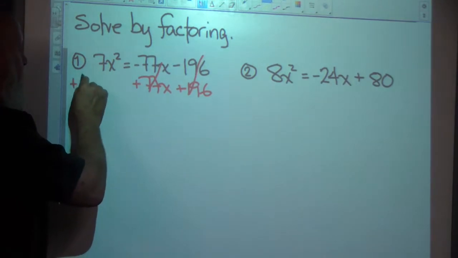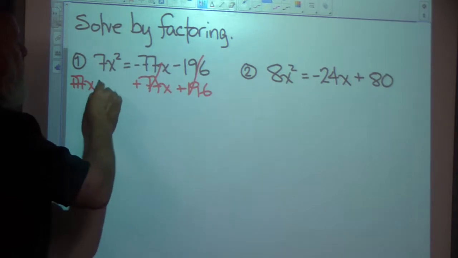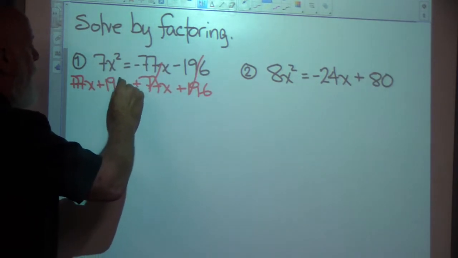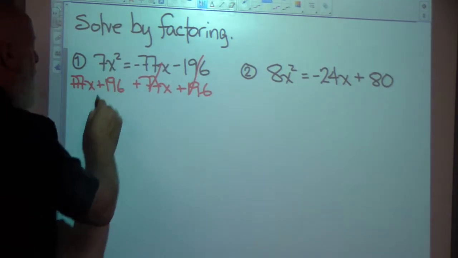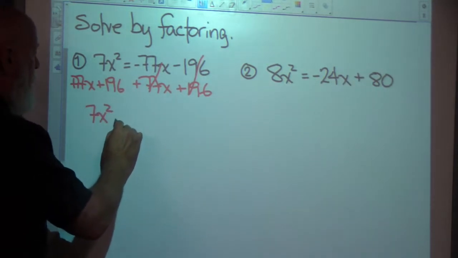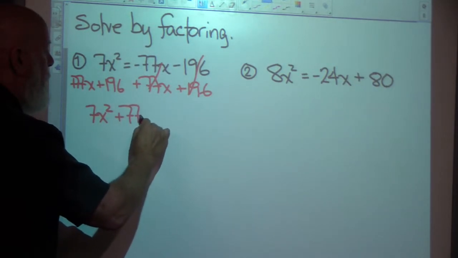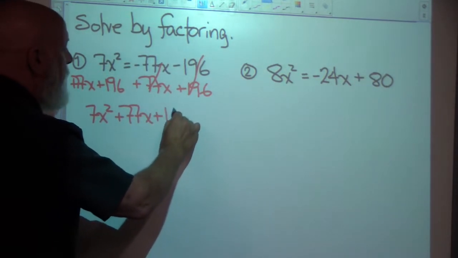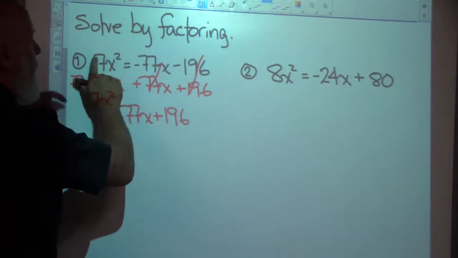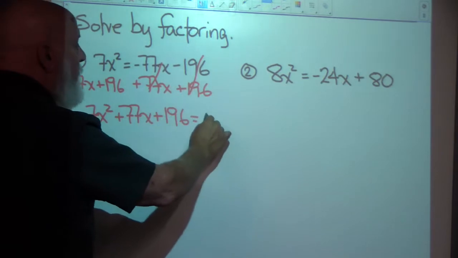And I have to add 77x plus 196 on this side. And when I rewrite this, I'm going to put it in standard form, the quadratic term 7x squared plus 77x plus 196. That's all equal to, and this whole side turned into 0.